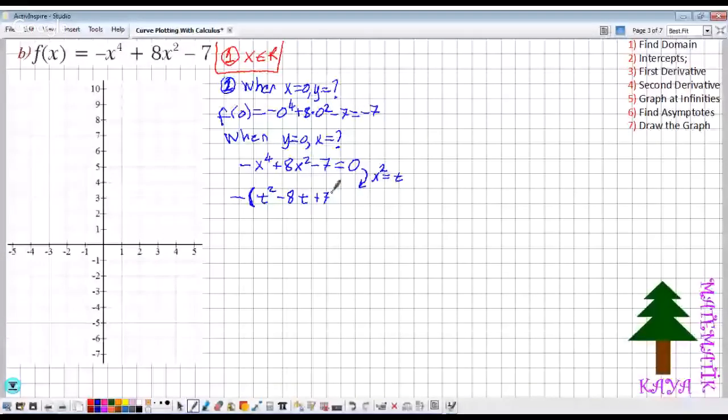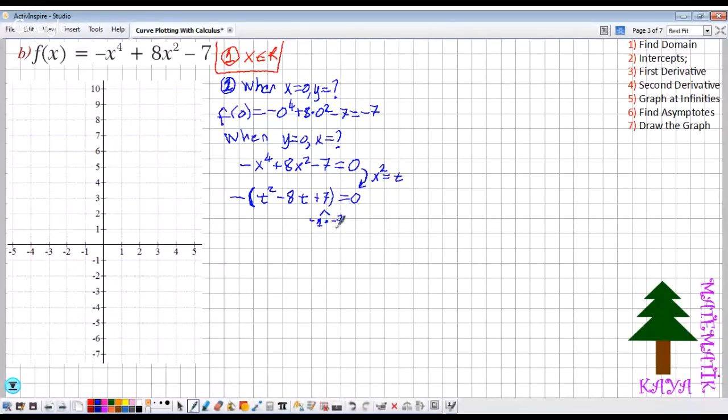You find two numbers whose product is plus 7 and whose sum is minus 8, which is simply minus 1 times minus 7. So I can factorize this expression as t minus 1 times t minus 7 is equal to 0.